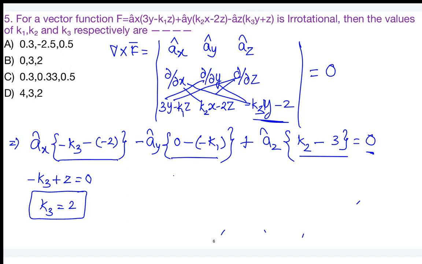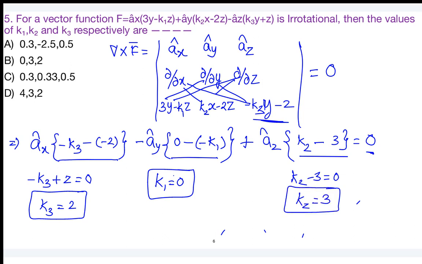If you equate the az coefficient to 0, you get k2 minus 3 is equal to 0, so k2 will be 3. So k1 is 0, k2 is 3 and k3 is 2. So 0, 3 and 2. Option B is the correct one. Any questions? Shall I move forward? Yes, sir.